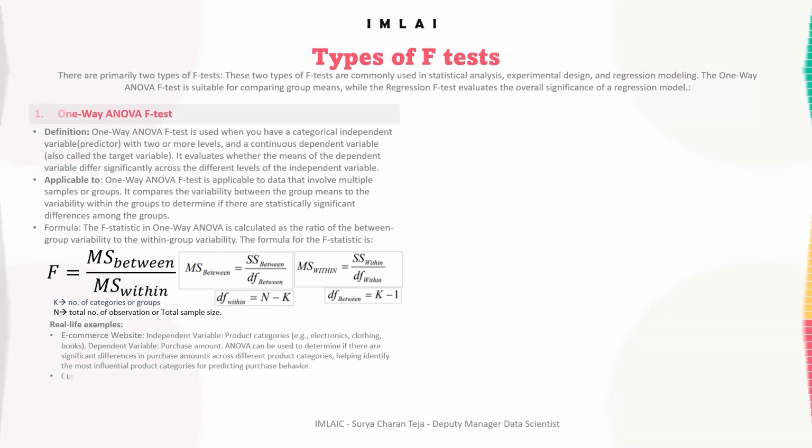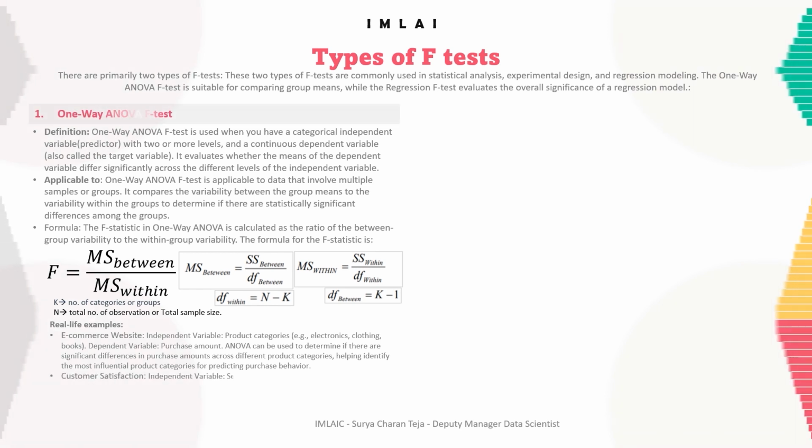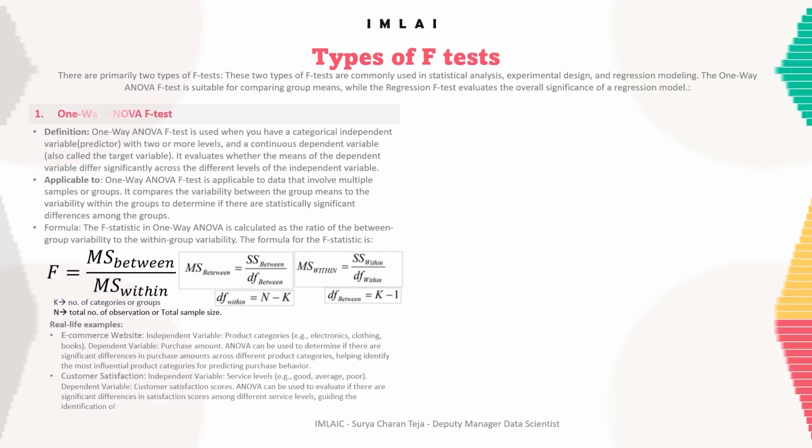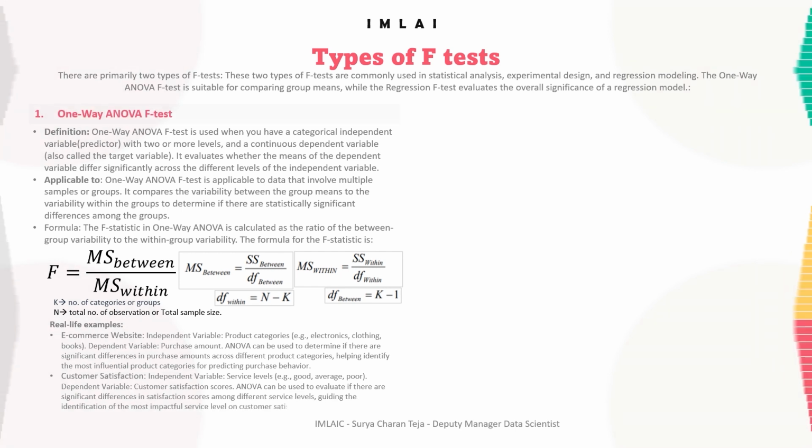And one more is customer satisfaction, a very important application. Let's take the independent variable as service levels, a categorical variable. For example, service levels are good, average, or poor. The dependent variable is the customer satisfaction score.